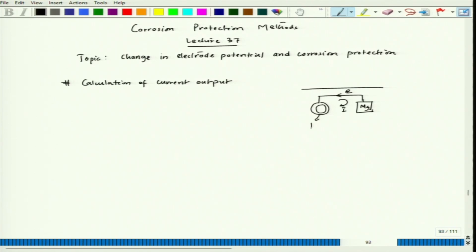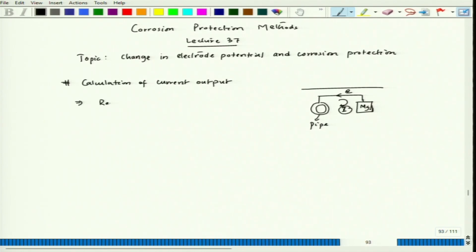This is, let us say, the pipe which is getting protection. So, magnesium will dissolve and gradually the pipe will get protection. Now, the output current, which is leaving the magnesium anode and going into the pipe, would depend on a few aspects.